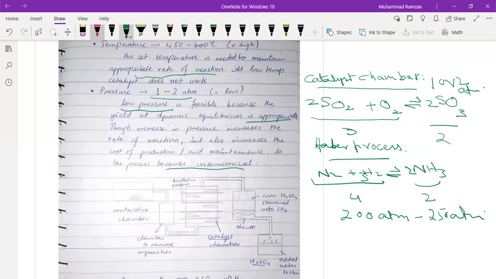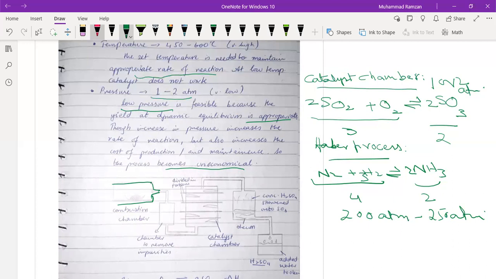And this is the diagram, you can look at this. This is a combustion chamber where you are combusting gases, you're burning sulfur. Then it is pushed into a chamber to remove impurities.